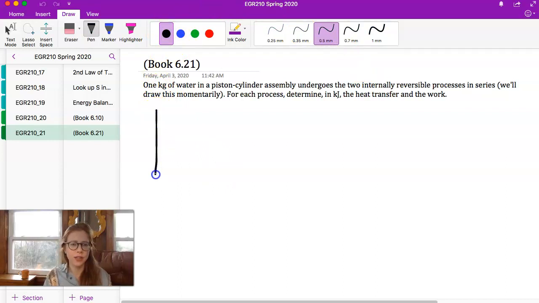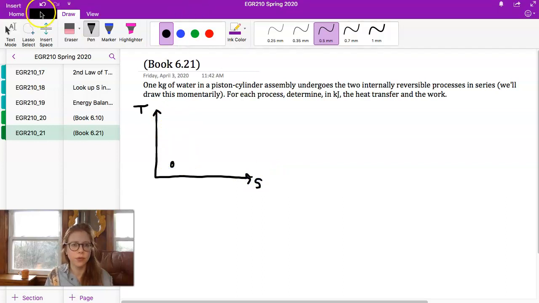All right, so I'm going to draw this on a TS diagram to give you the information. So this will be 1. This will be 2. And 3 will be over here.